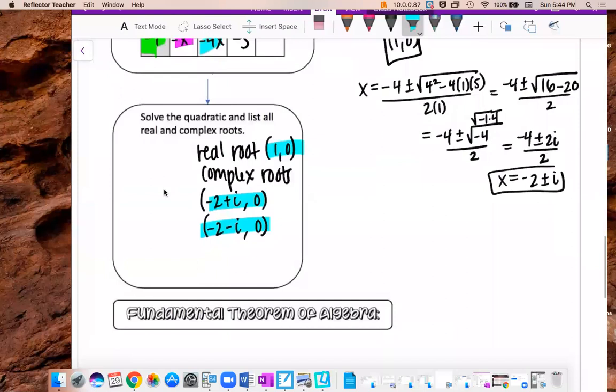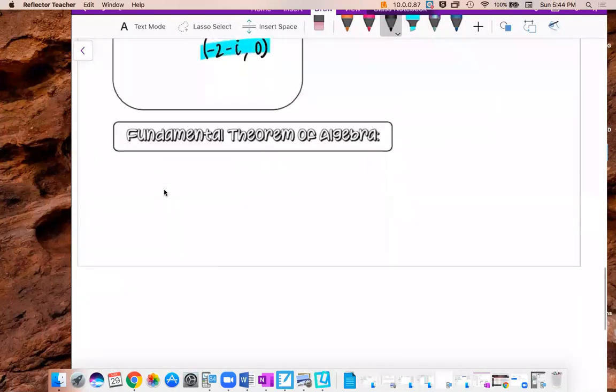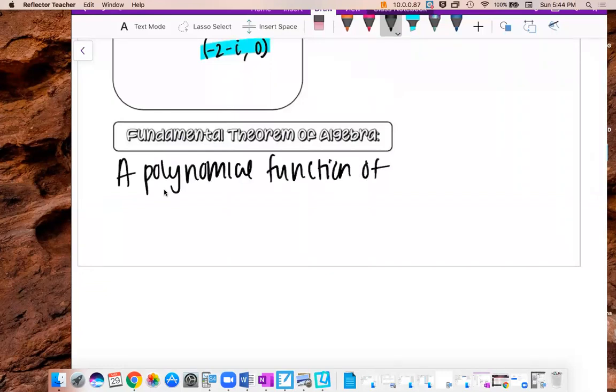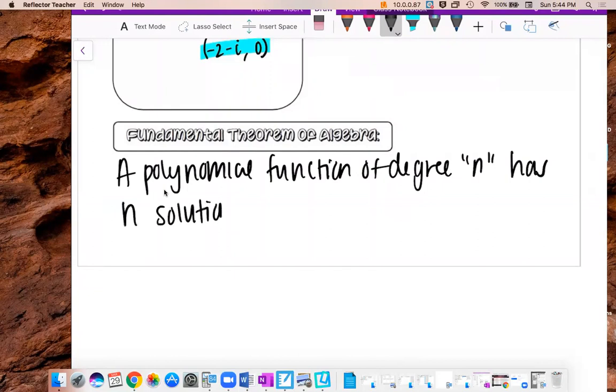Okay, so then the very last thing we're going to write down is just a definition, and then you guys are just going to go practice. So the fundamental theorem of algebra says a polynomial function of degree n has n solutions for the equation f of x equals 0.